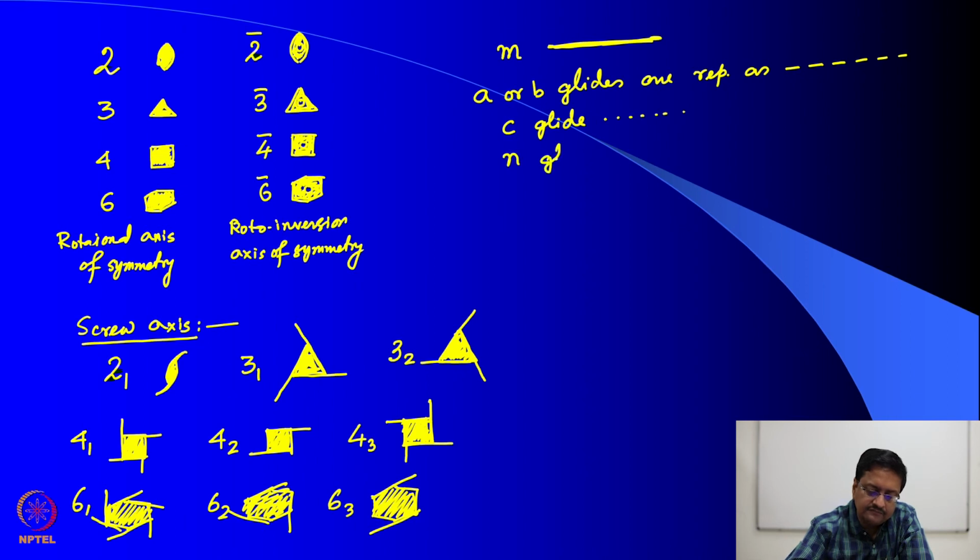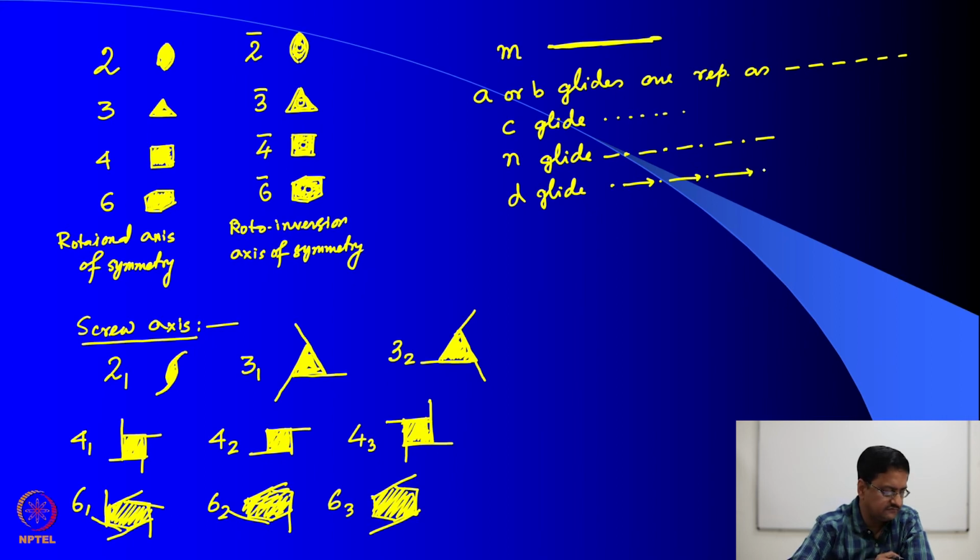N glide is represented as a dot-dash-dot-dash kind of notation, and a D glide or diamond glide is represented as dot arrow dot arrow dot arrow, etc.